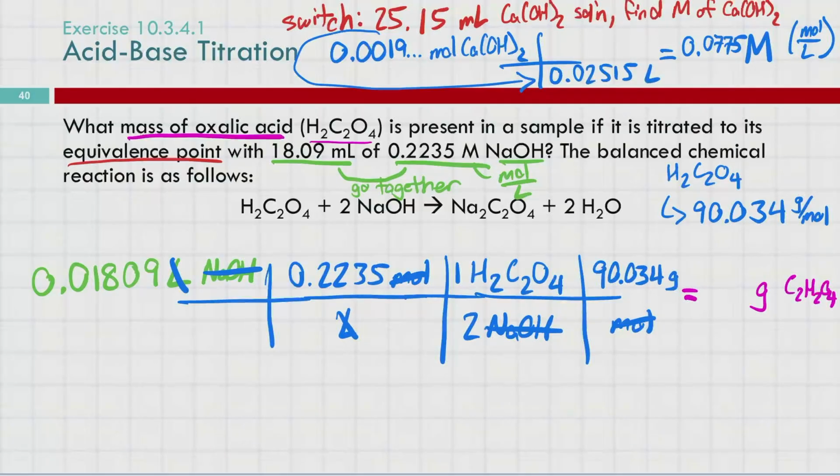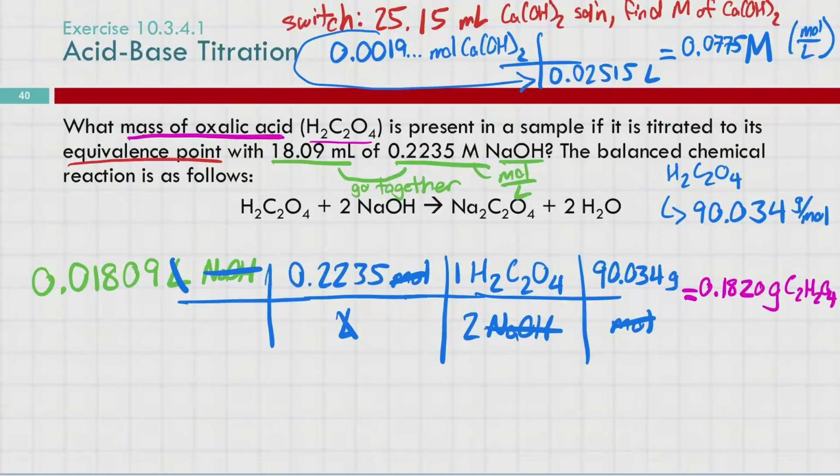Plug that all into our calculator. And we get 0.1820 grams of oxalic acid.